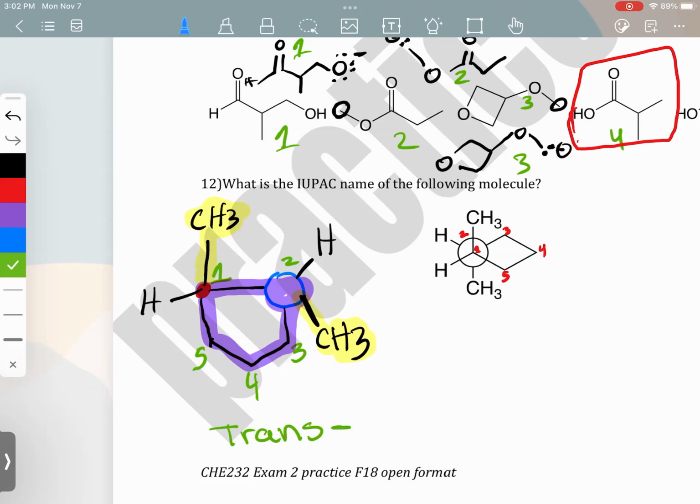Now you have a methyl on carbon number 1 and a methyl on carbon number 2. So what's the rest of the naming to be? What is the name of this? It is trans-1,2-dimethylpentane.